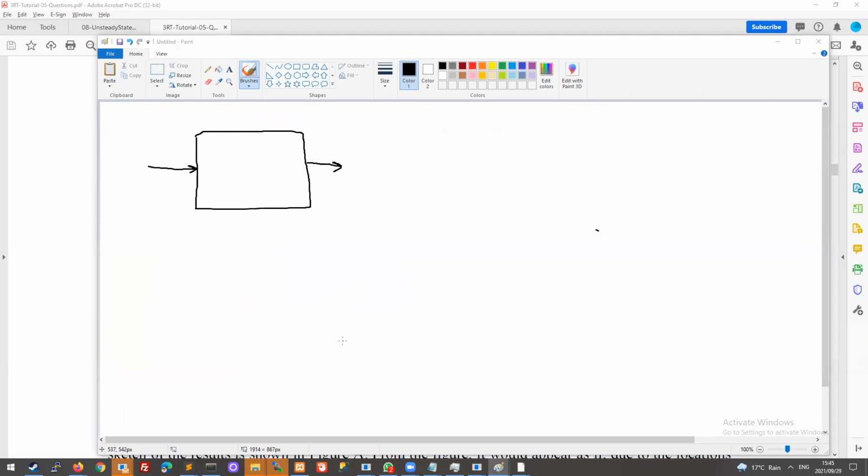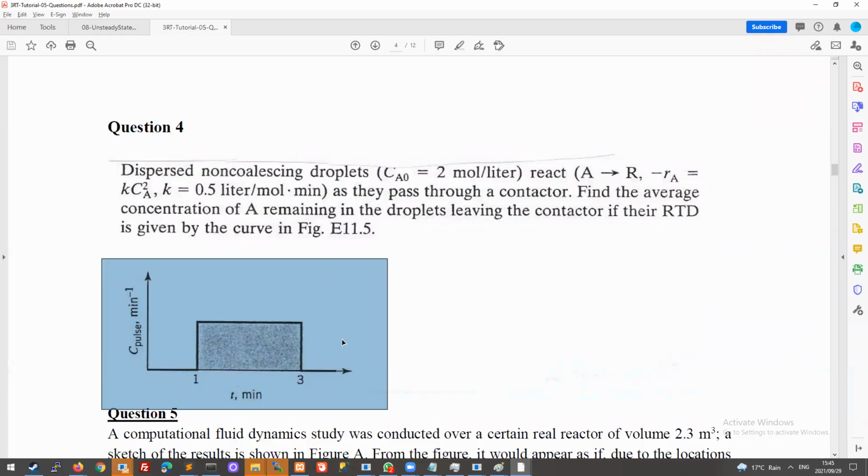So first off, let's figure out the age distribution here. Now, we would like to take the trace, the C curve, and divide by the area under this curve. But if you look at this, we don't know what this value is.